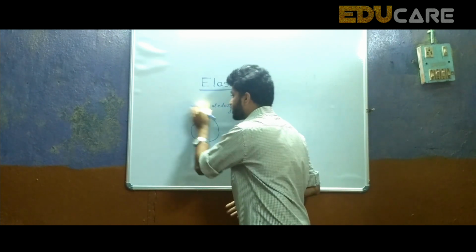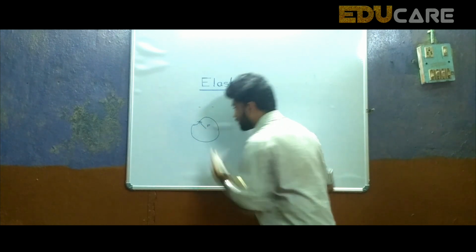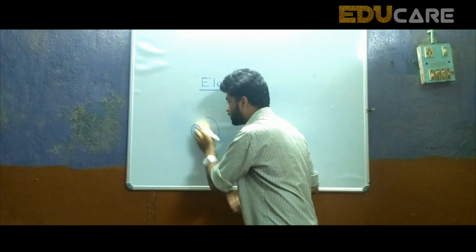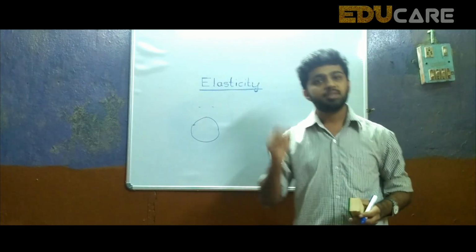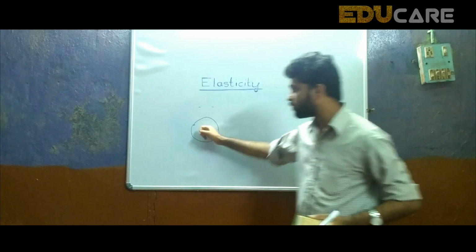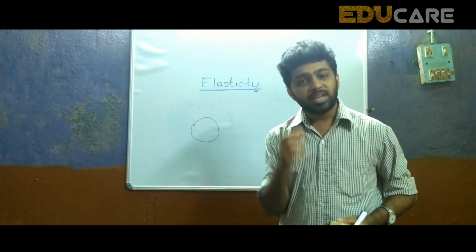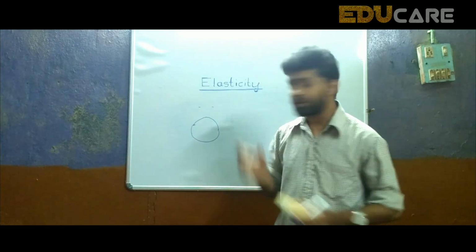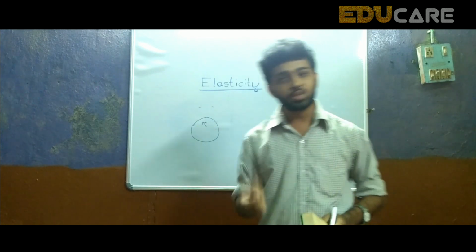When this external force is removed, this force developed inside is responsible for the regaining of the original size and shape. The original size and shape is restored. Then the inside force which is developed is called the restoring force.